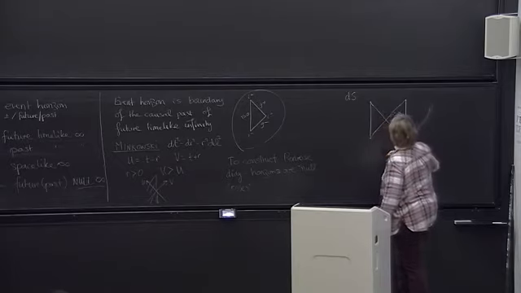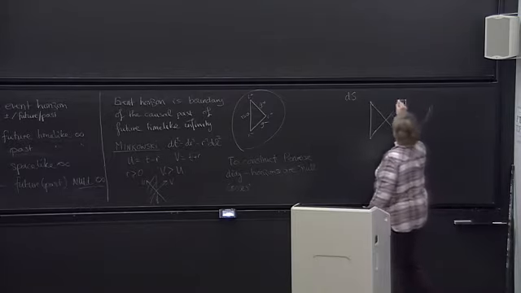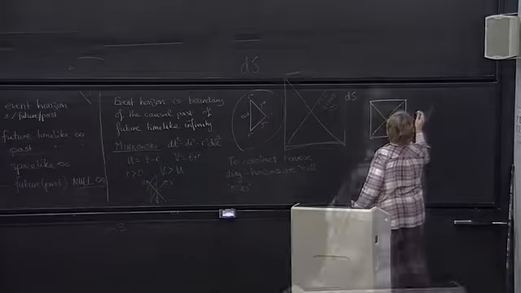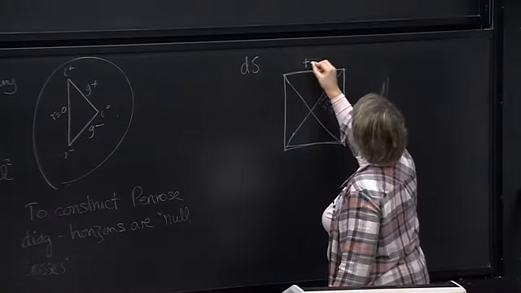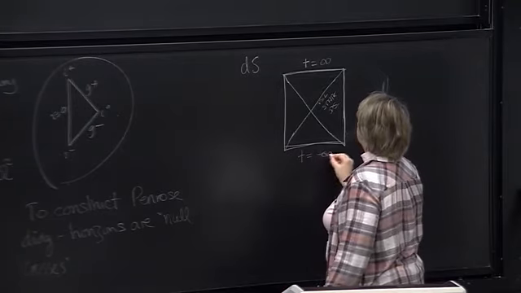So this is what I've got here. And then, since I only have one horizon, what I end up with for de Sitter is simply a square. So this is t equals infinity, this is t equals minus infinity.